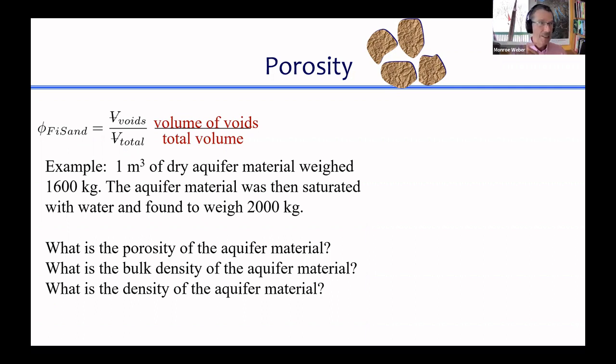And conveniently, we can just forget about the mass or the density of air. It's close to zero relative to water, so we can ignore that. And what we did is we went from 1,600 kilograms of aquifer material to 2,000 kilograms total. That means there's 400 kilograms of water in the pores.